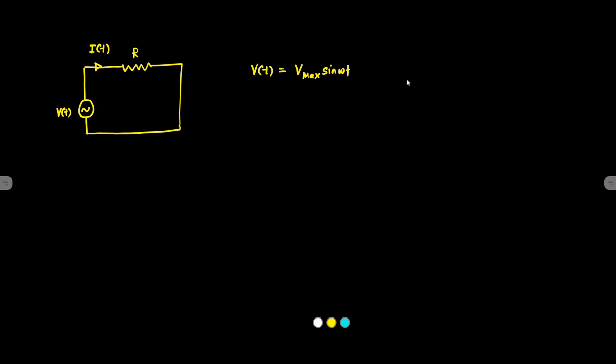So we can represent it as this, plus V max, minus V max, 0, this is T by 2, this is T. This is the instantaneous voltage.